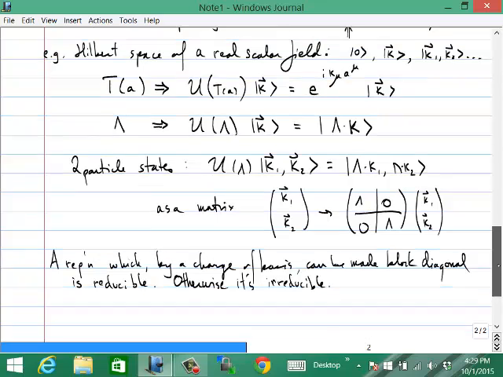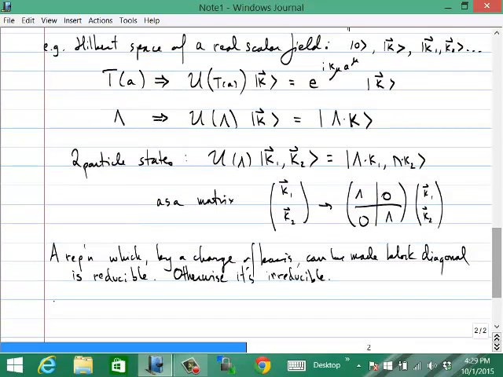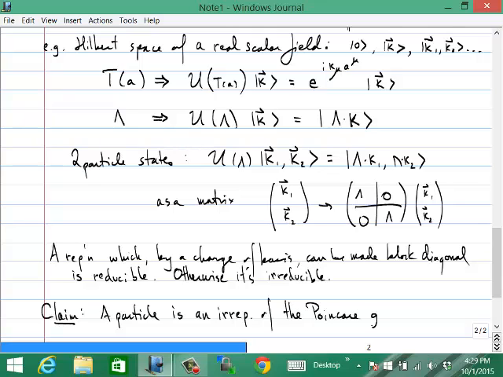And the claim, or we could also call this a definition, is that a particle is an irreducible representation of the Poincare group. I guess we should say a unitary irreducible representation of the Poincare group. This, in a kind of mathematical language, is exactly what we mean by a particle.